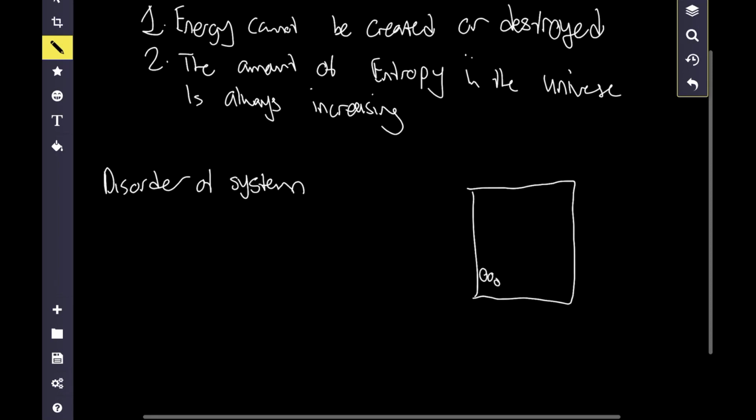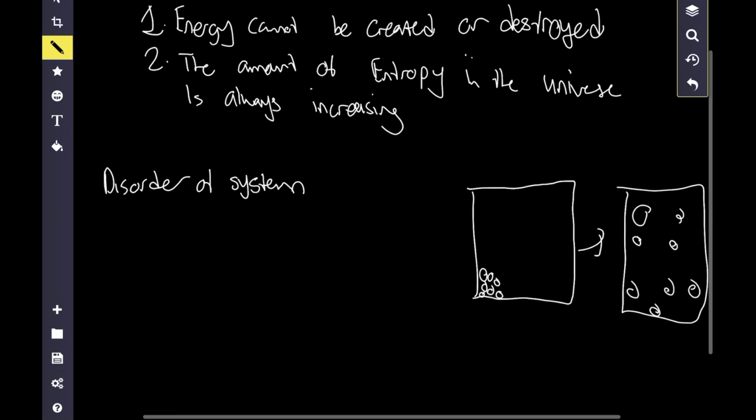If these gas particles were clumped up in the corner, what happens after some time? After some time, you'll see that the gas particles are more spread out from each other. Over time, they're just going to be messier and messier. It's more likely that you're going to see the gas particles arranged like this than arranged like this, where they're compact and ordered in this one corner.